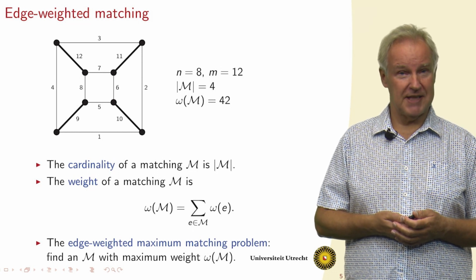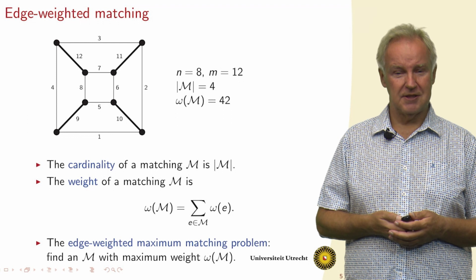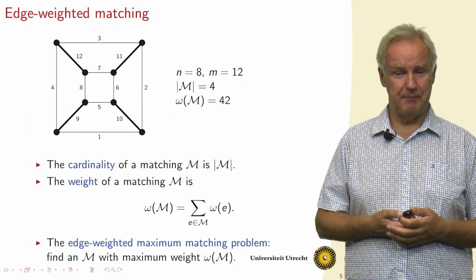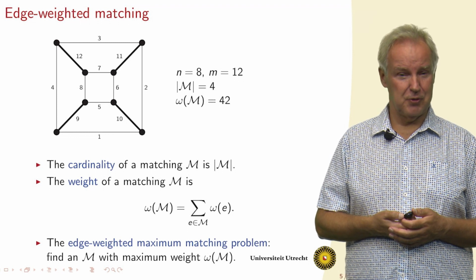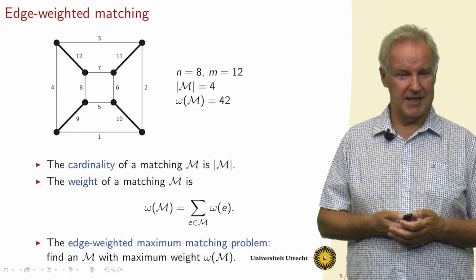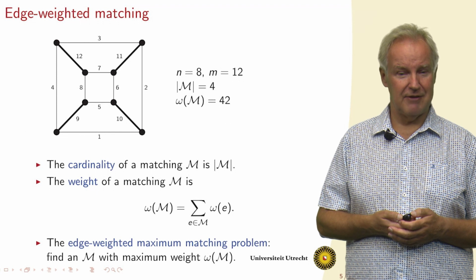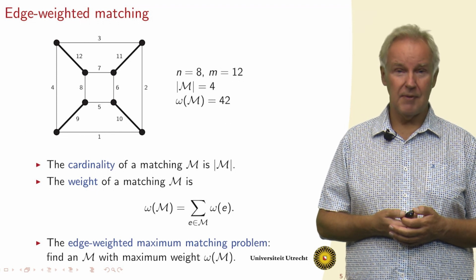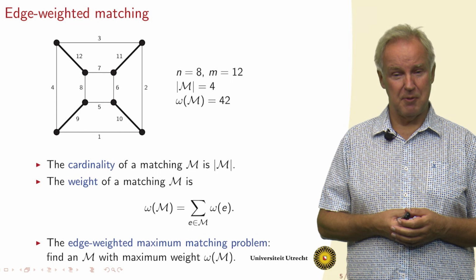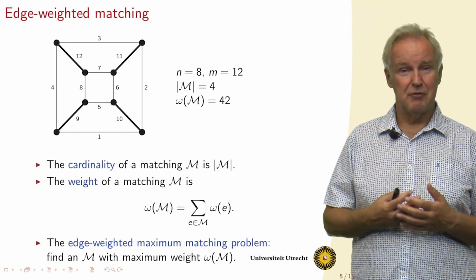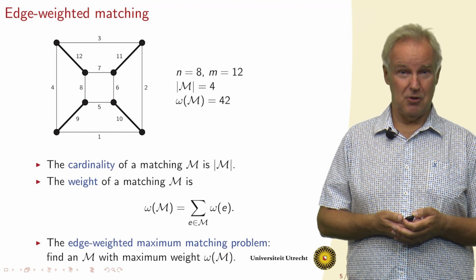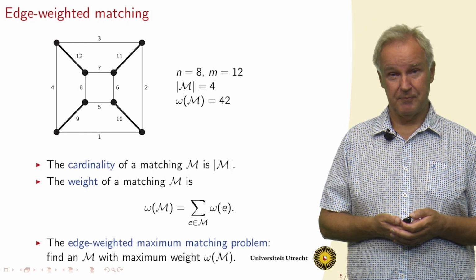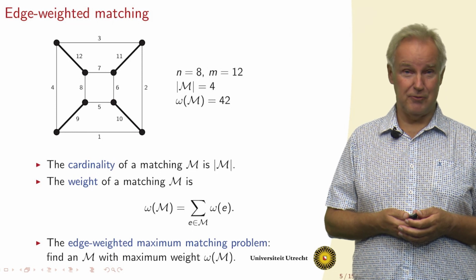The weight of a matching is the total weight of all the edges in M. So in this case, the total weight is 42, because we have edges with weight 9, 10, 11, and 12. And the edge-weighted maximum matching problem is then: find an M such that the weight omega of M is maximum. In this case, the answer is 42.